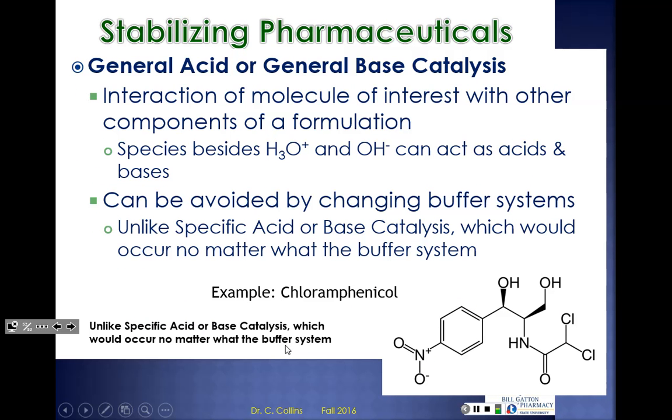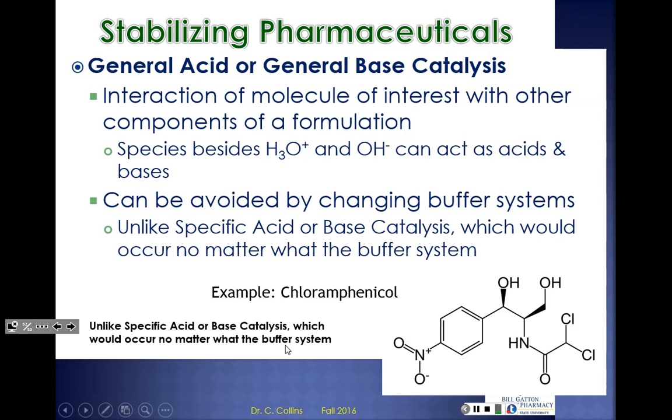Differentiate that from a general acid or general base. Now, I'm not the one that named these. I always thought these were kind of a little bit backwards, but it's what we have to work with. General acid or general base catalysis is one where what's causing the acid or basic system matters.